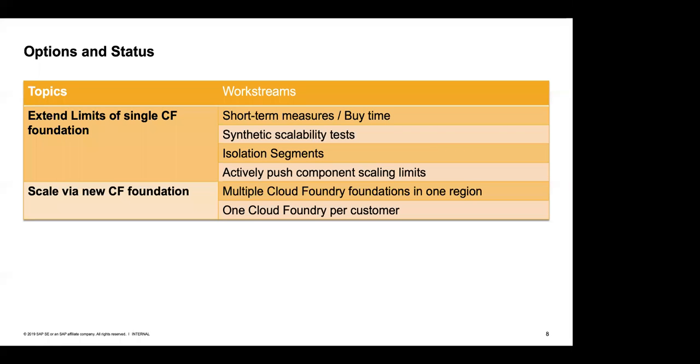Even if you don't know the ins and outs of a particular component, one thing that you can definitely do is talk to the corresponding PM of that component in the open source and make people aware of the issues that you have perceived, that you have seen in scaling a particular component.